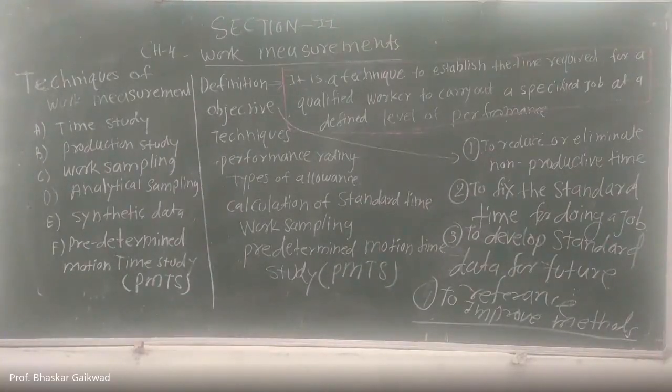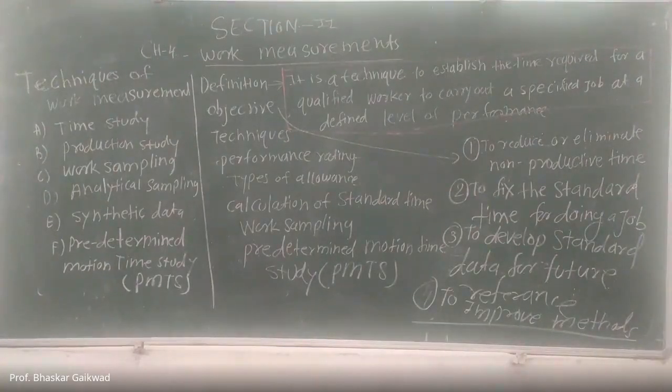Otherwise, if this standard time is not there, depending upon the situations and the mental condition of the workers, the job will get completed at any time. To avoid such problems, we require this type of standards. Whatever downtime and unproductive time is there, we have to reduce, or sometimes we can eliminate that.